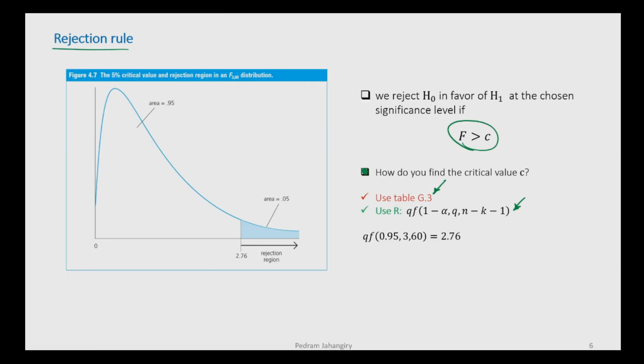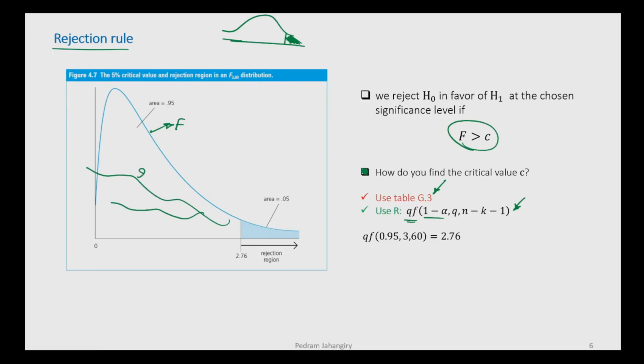Do you remember? If it was the t distribution, we said qt. Now this is the F distribution, so we call it qf, the quantile of the F distribution. Now we have to pass three numbers. The area to the left, which is, let's say, 95%.